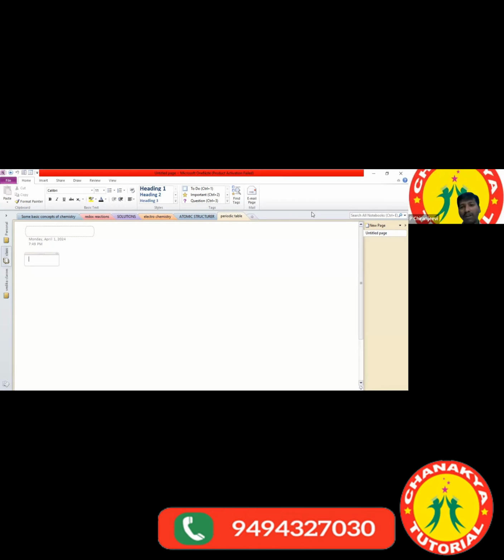If you see the modern periodic table, in total we have 18 groups and 7 periods. So that is the modern periodic table.